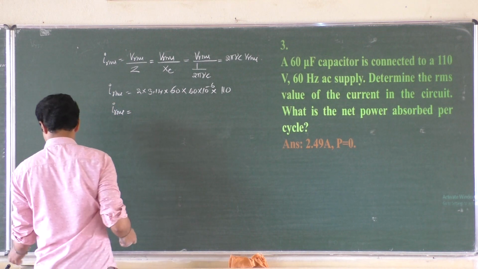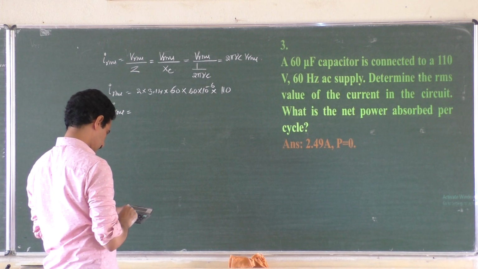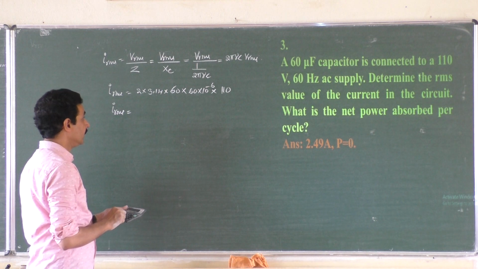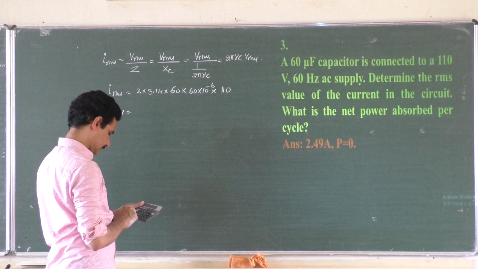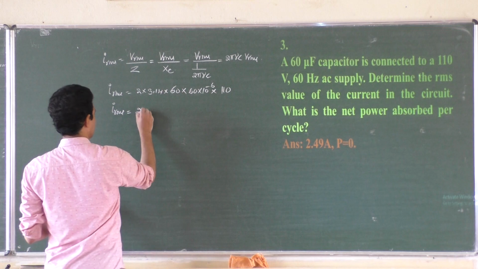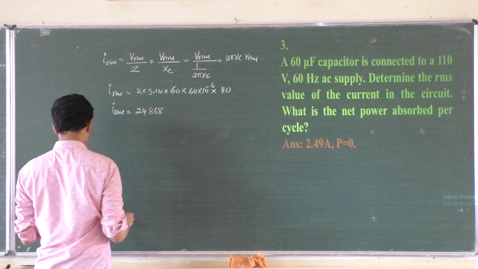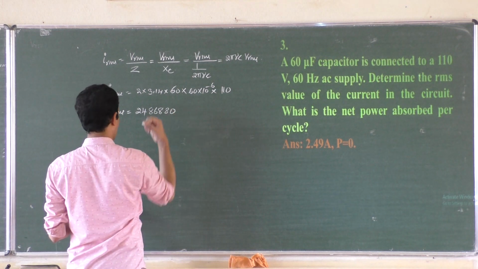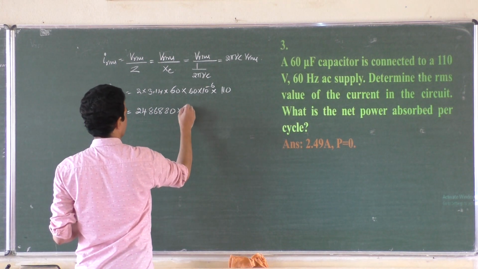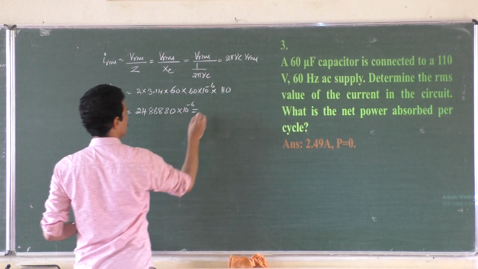IRMS is equal to, simply go on multiplying, 2 into 3.14 into 60 into 60, 3600 into 110, into 10 to the minus 6 you have. Okay, we will write the number that I get in the calculator: 2486880 into 10 to the minus 6. That is equal to 1.